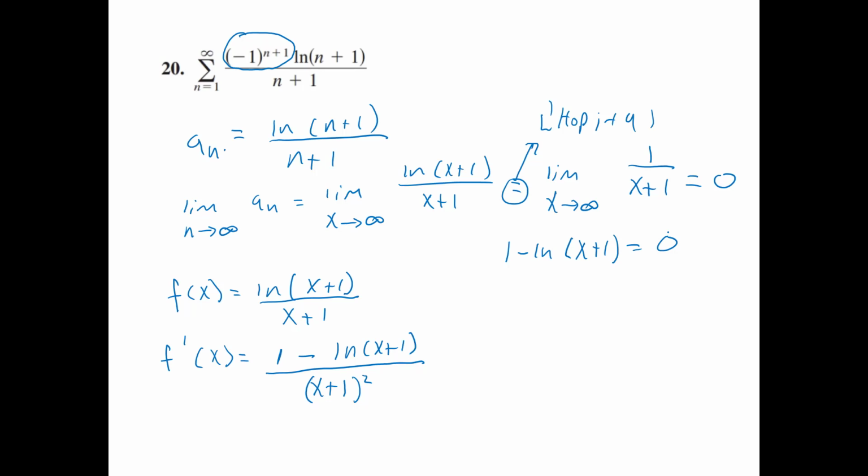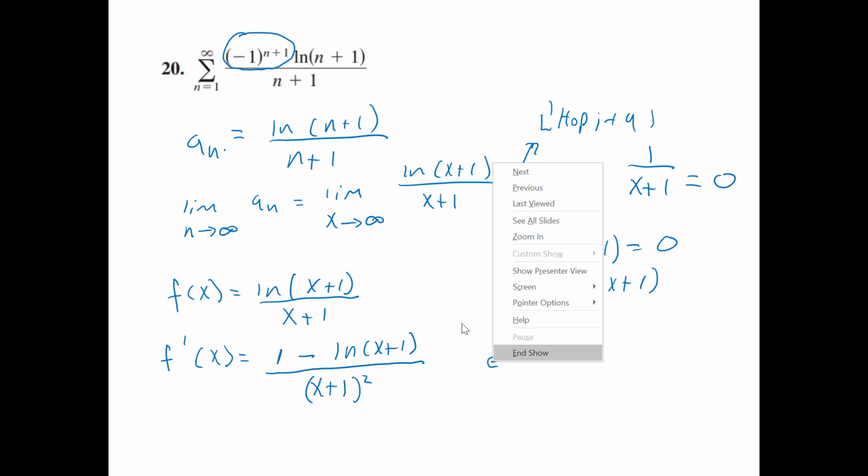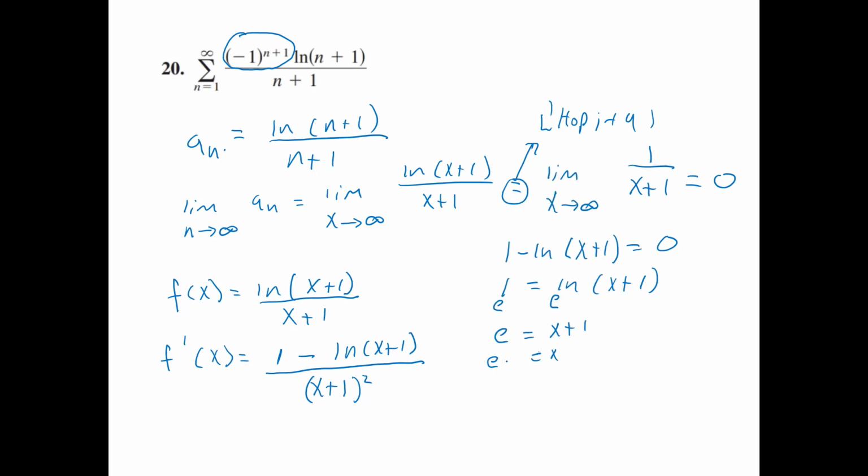And again, we will go ahead and add the natural log of x plus 1. Then we will exponentiate to get rid of the log. And so then we will get e is equal to x plus 1. Subtract 1 from both sides. So x is equal to e minus 1.